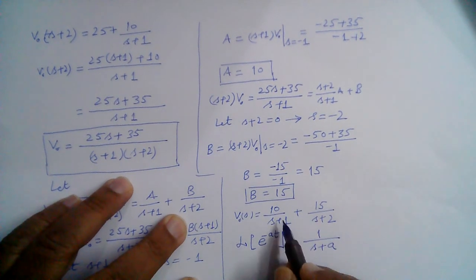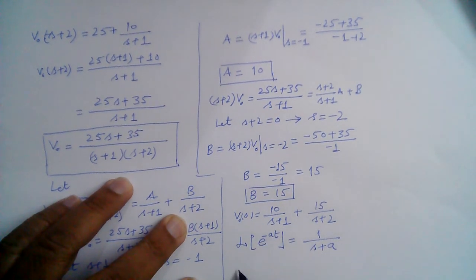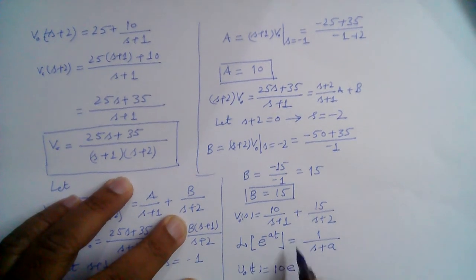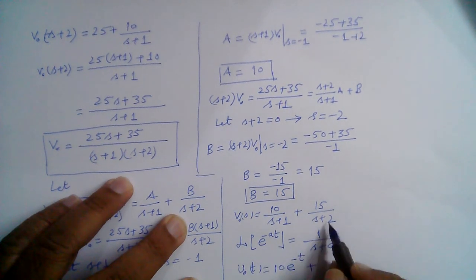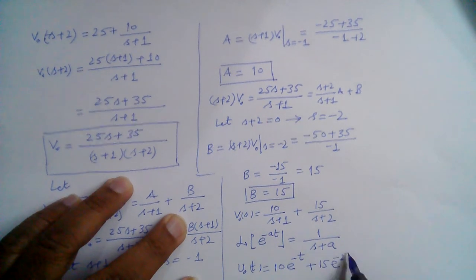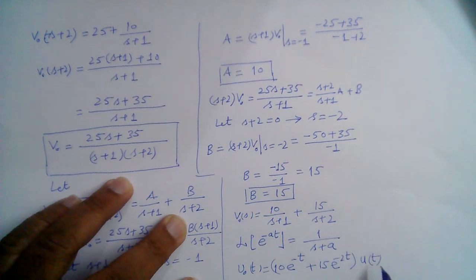Both these terms are in this form. So the inverse Laplace transform V naught of t is given by 10 e raised to the power minus t, since a is simply 1 here, and 15 e raised to the power minus 2t, since a is 2. And to signify that t is greater than or equal to 0, we multiply this by u of t.